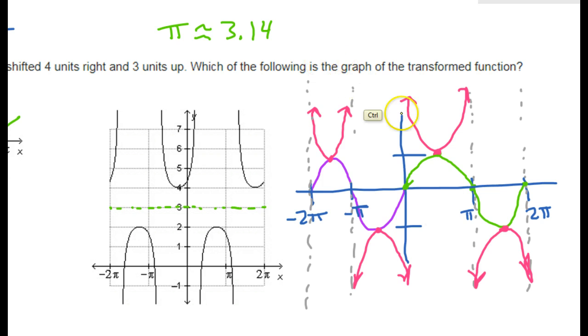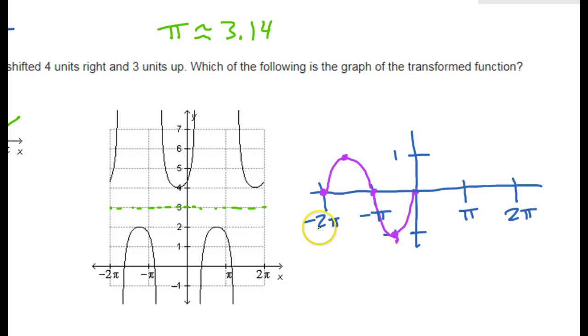So if I shift 4 units to the right, that means I'm shifting to the right a little bit more than pi, a little bit more than one of these spaces on my graph. So let's focus on this period of the sine function, and let's imagine shifting this over a little bit more than pi, because we want to shift 4 units, and that's a little bit more than 3.14.